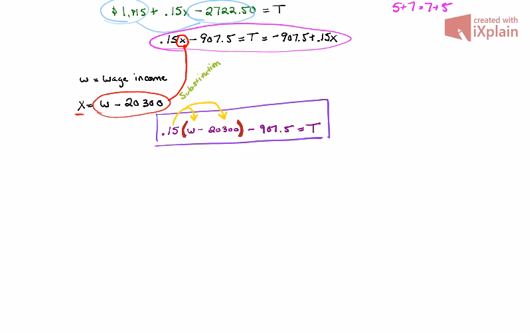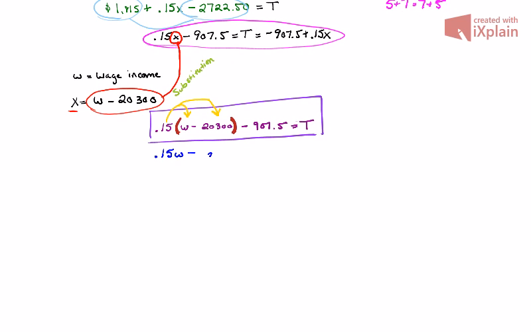I'll write this in blue. So we have 15% times W minus, and 15% times 20,300 gives 3,045. The parentheses go away since I've distributed, and I can write everything on one line.